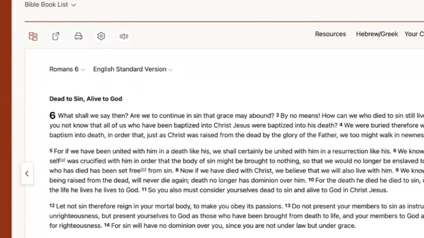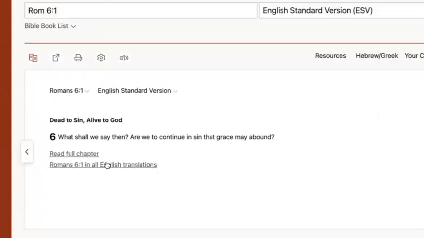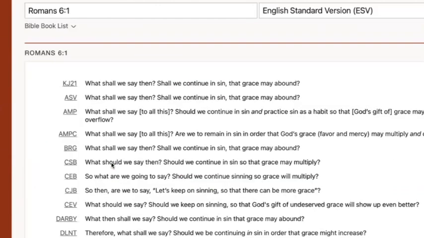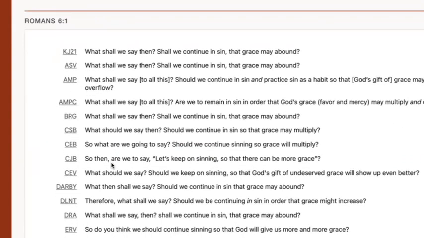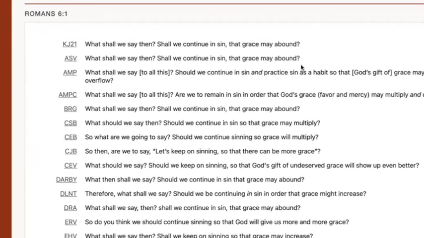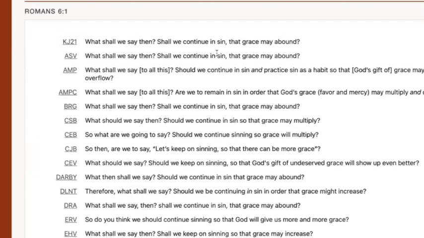And I'm just going to choose verse 1, and I'm going to go to all English translations. Now let's choose a fairly literal one, the ASV. What shall we say then? Shall we continue in sin that grace may abound? That's fairly literal. Notice how they translate the word sin.